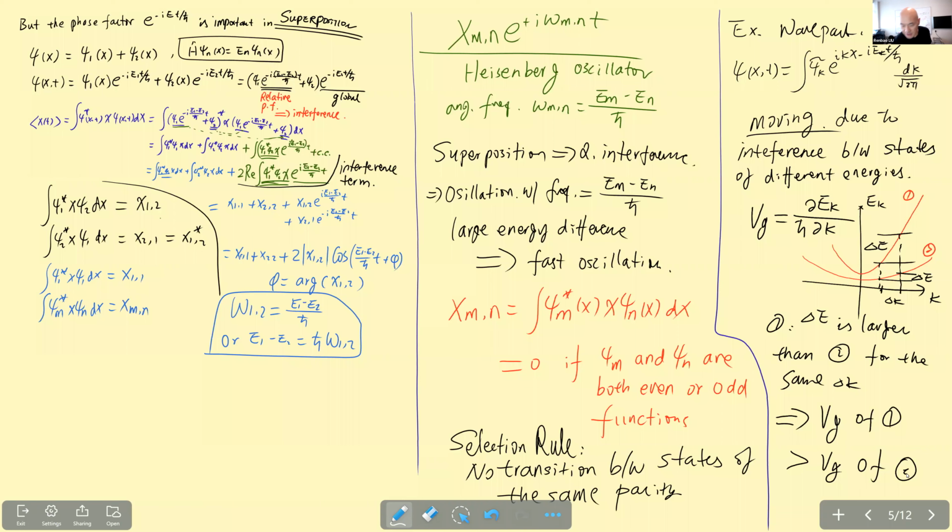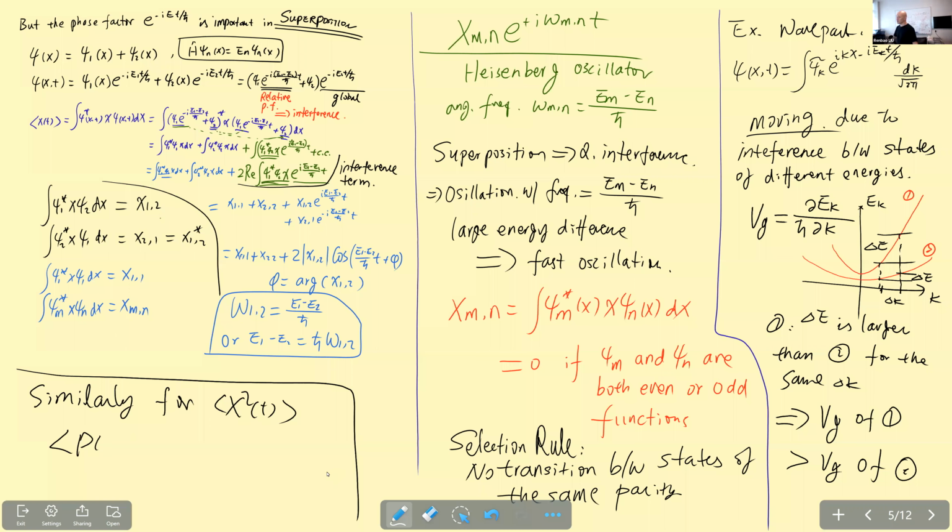You can also simulate this for x squared and p squared, etc. You can do this for other states.